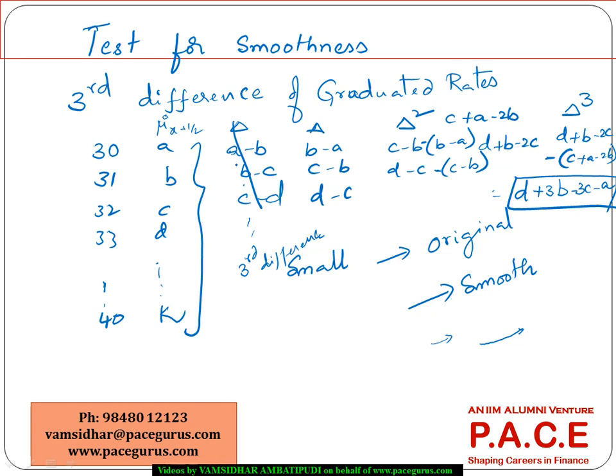Now we have to look out for the testing of adherence. This is one major test for testing the smoothness in the data. But the next thing which we are going to look out for is the test for adherence to the actual data.